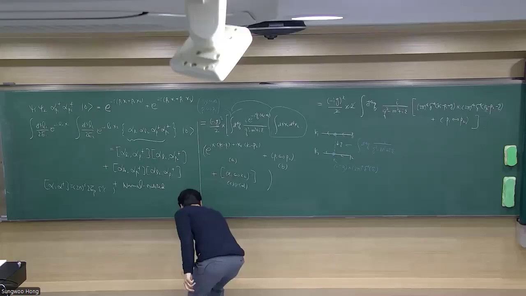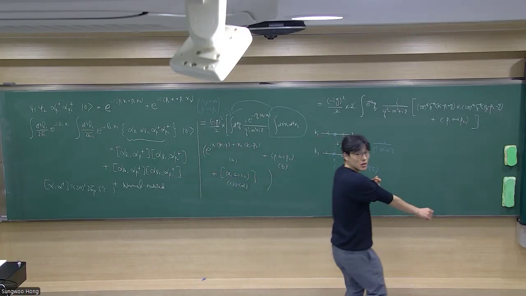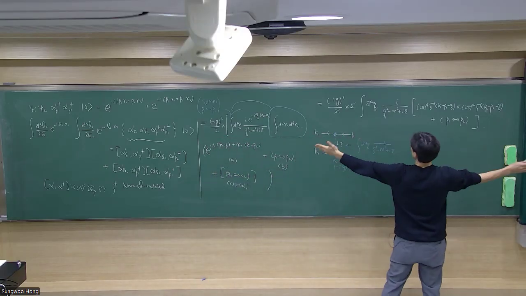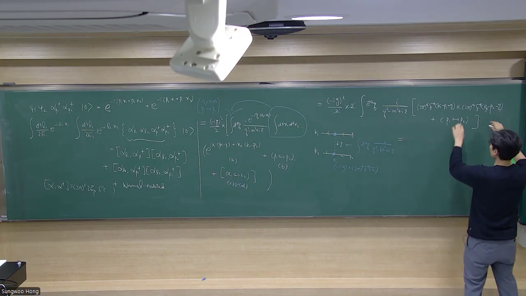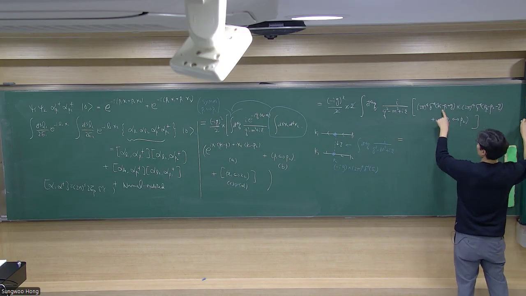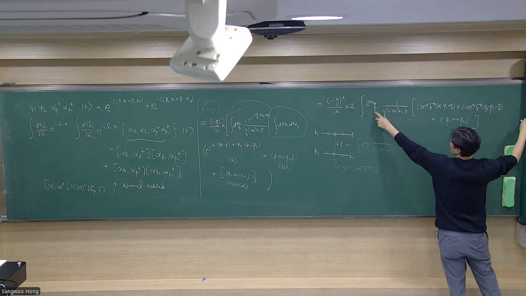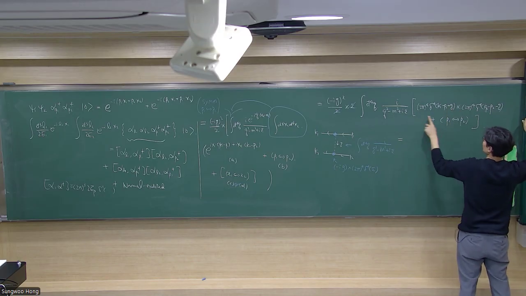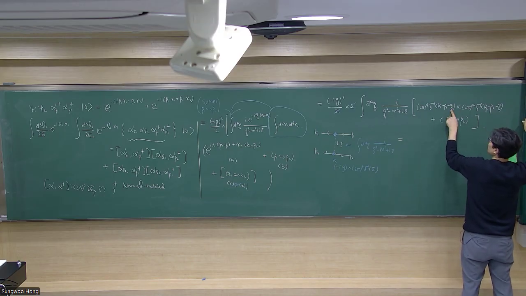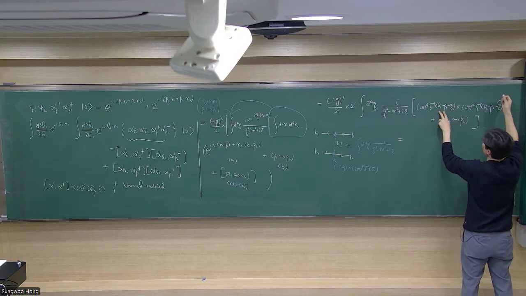So let's finish the calculation now. If I do this calculation, then what I will get is the following. Let's just focus on this. If I use this d^4q to do this integral, Q becomes P1 minus K1. So instead of Q, I'm going to impose P1 minus K1.